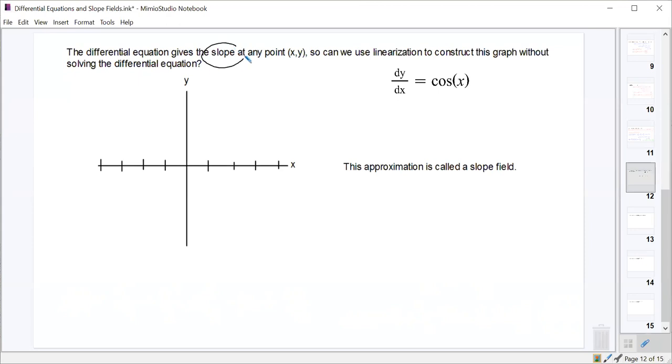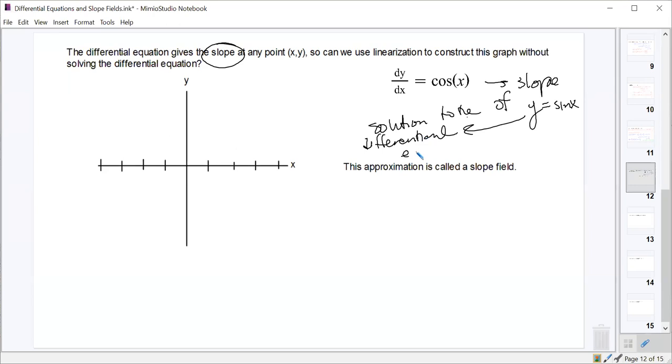This differential equation gives us the slope of the integral of this derivative, right? It gives us the slope of the original function. Cosine x is equal to the slope of y, right? Happens to be the slope of y equals sine x at any point, but it's the slope of the solution, and in fact, I'll write y equals sine x, which is a solution to the differential equation, right? That's what a differential equation is. It's just the slope.